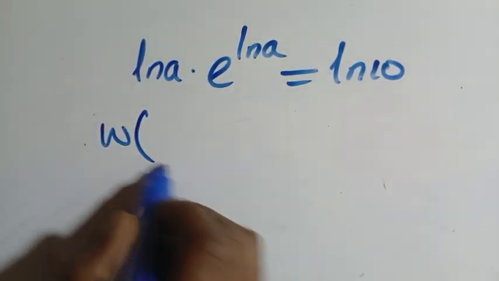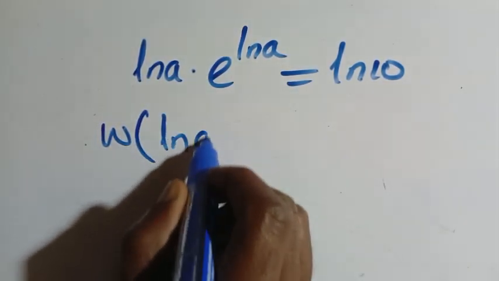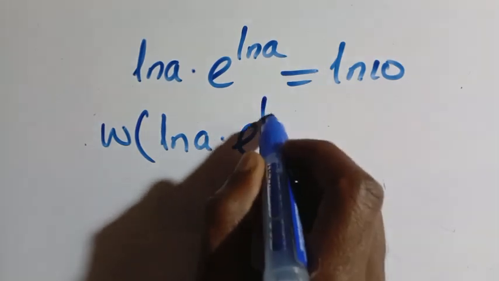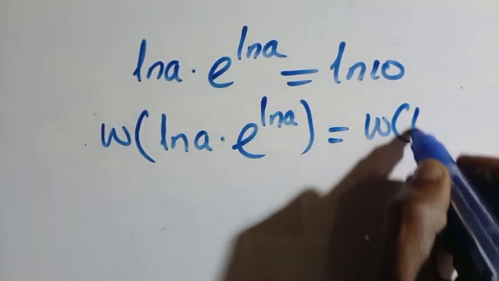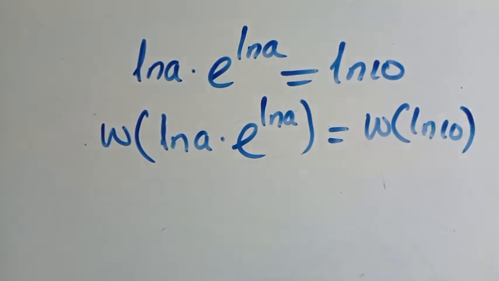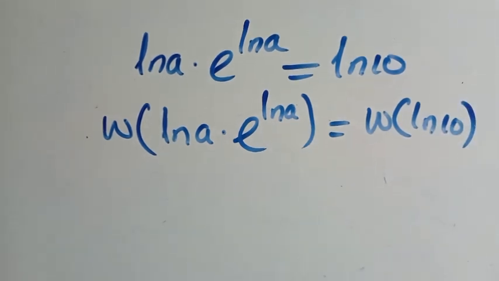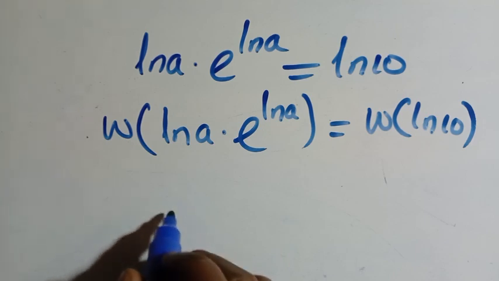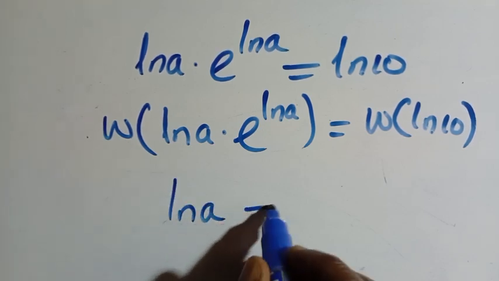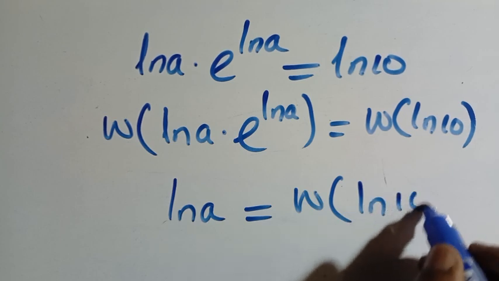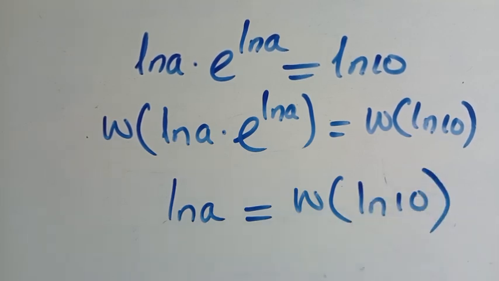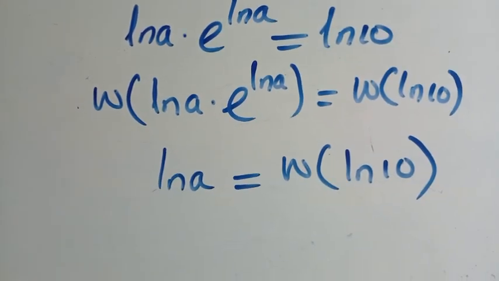the omega of ln a multiplied by e raised to power of ln a equals the omega of ln 10. So we have already shown that we are taking only ln a. So when we take ln a, this equals omega of ln 10. And the question says find a, not ln a.